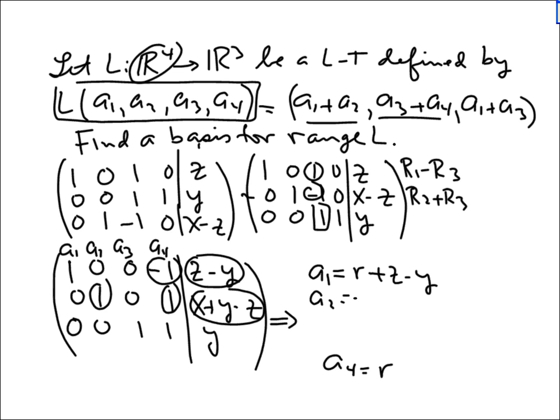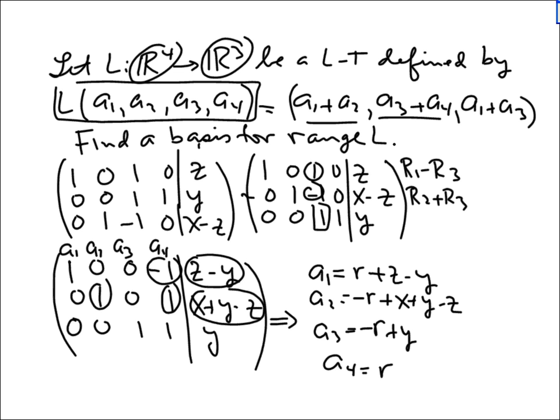That is A2 minus A4, which is R, plus X plus Y minus Z. And the third row tells me that A3 plus A4 equals Y. That is A3 is equal to negative A4 plus Y. The bottom line is I'm able to get anything in R3.